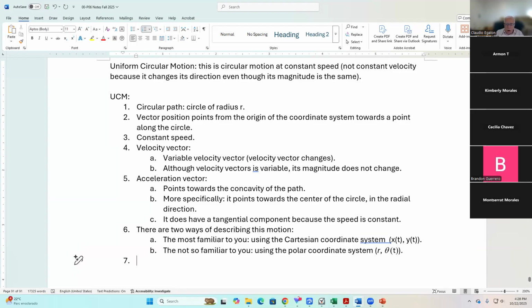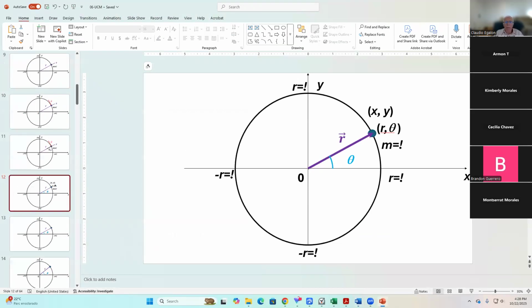Looking at the drawing here, you can see that the x coordinate is going to be the radius of the circle times the cosine of the angle theta.